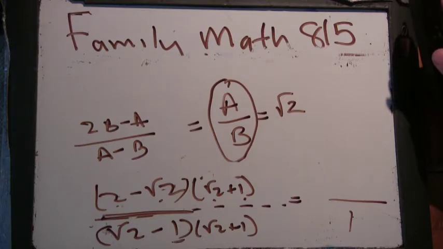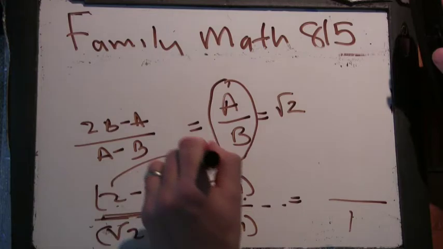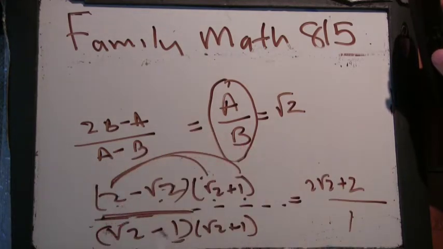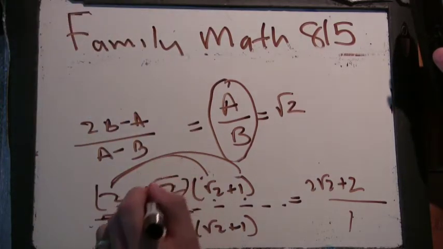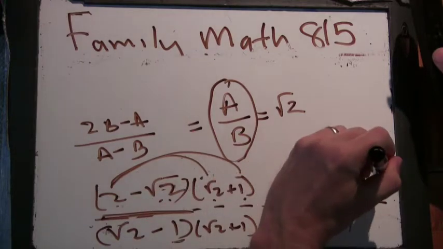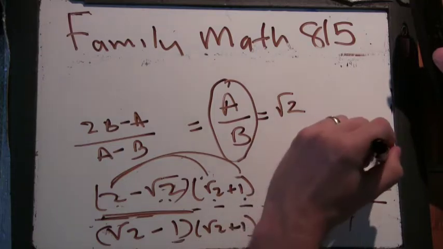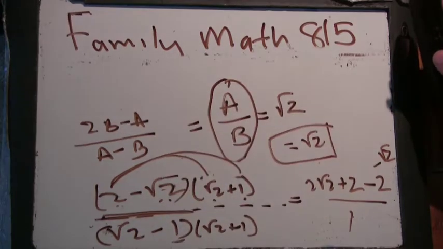So that would be 2 root 2 plus 2, minus 2 minus root 2 times root 2, which is minus 2. So then that just becomes root 2. Okay. Yep.